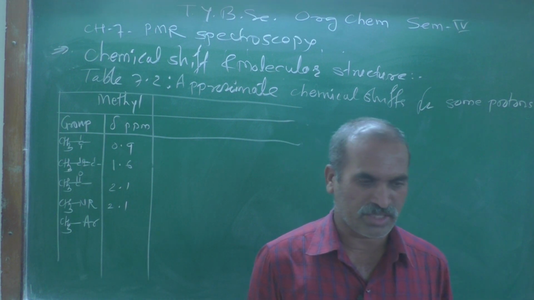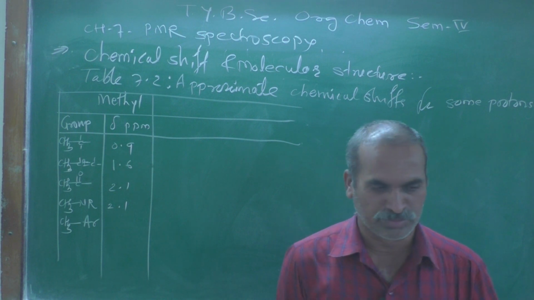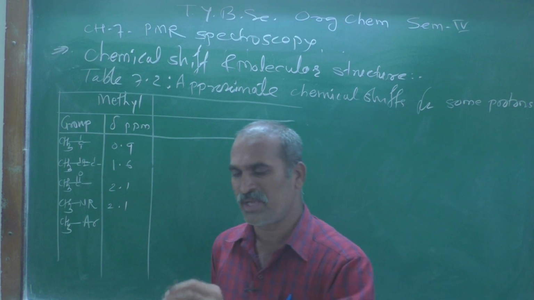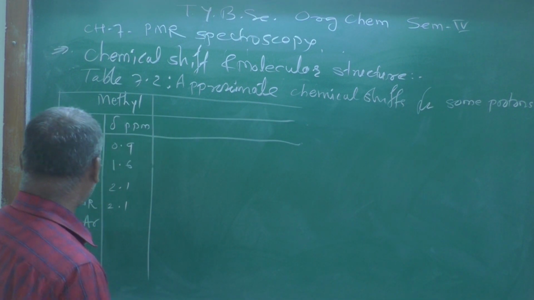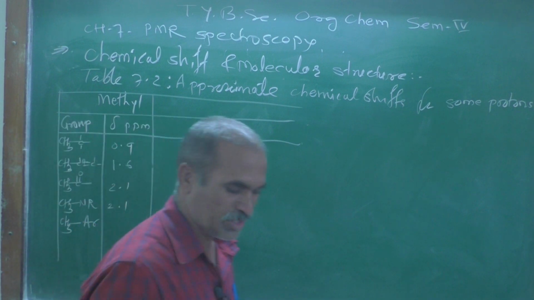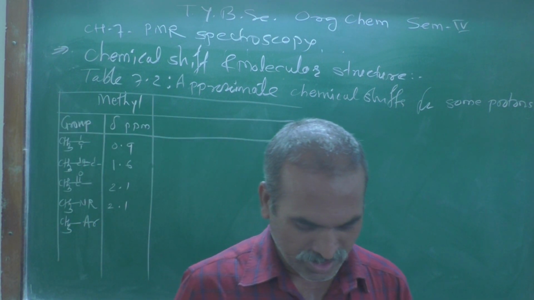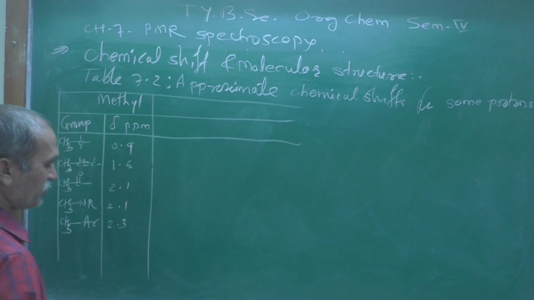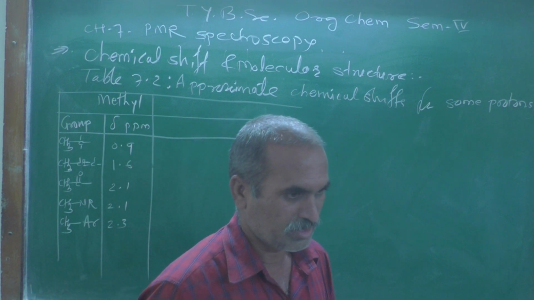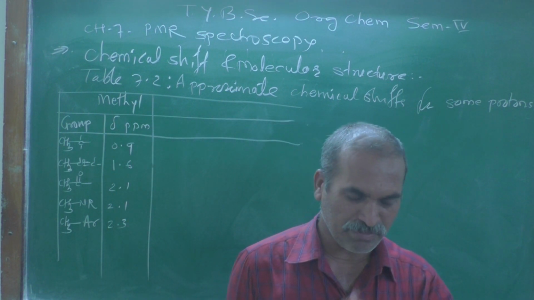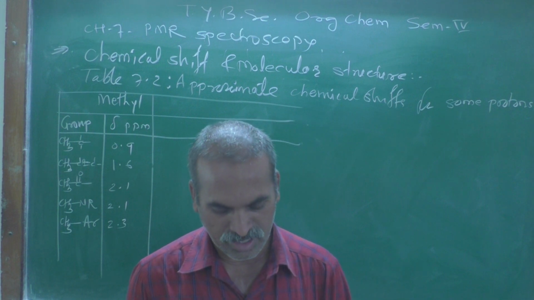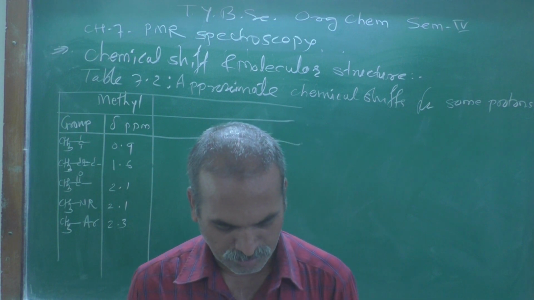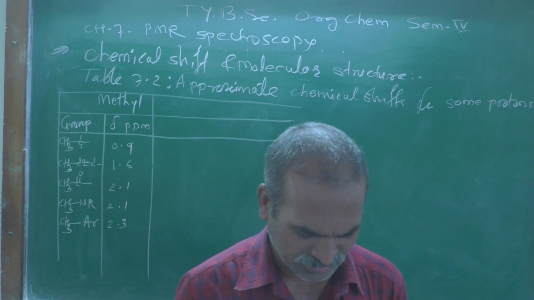When one of the hydrogen atoms is replaced by a methyl group, the protons on the methyl group are chemically equivalent, and the chemical shift value appears around 2.3. Again, it is a benzylic system, the proton is deshielded, and we get this approximate value for the methyl group.